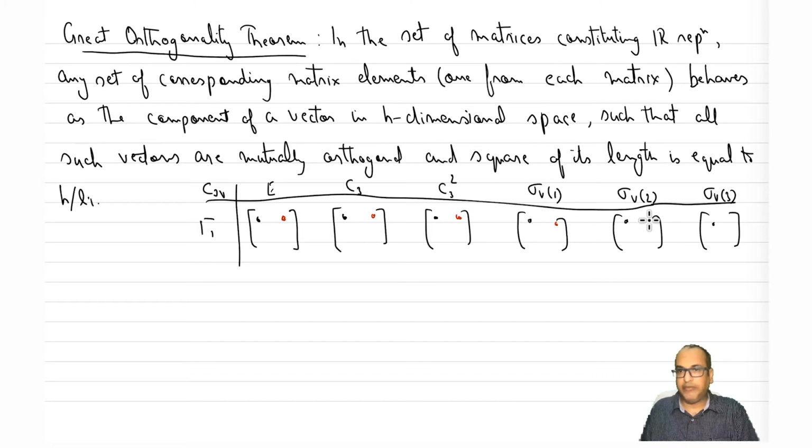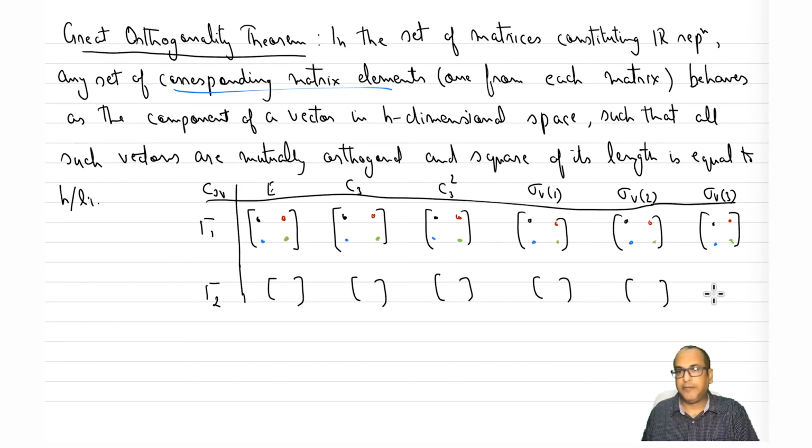I'm just giving a color code to all the corresponding matrix elements, because the theorem talks about corresponding matrix elements. And then let's choose one more color. Okay. And then let's also write one more irreducible representation for a 1 cross 1 matrix. In this case, the matrix element is only 1, right?